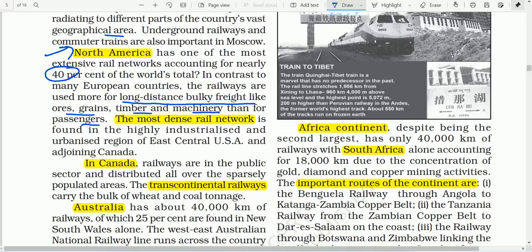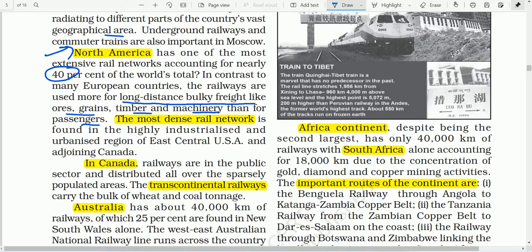In Europe, passenger trains are more important than freight trains. Transportation of passengers is more important than goods transport. Whereas in American countries, unlike the European countries, transportation of raw materials like ores, grain, timber, machinery is more important than passenger transport.